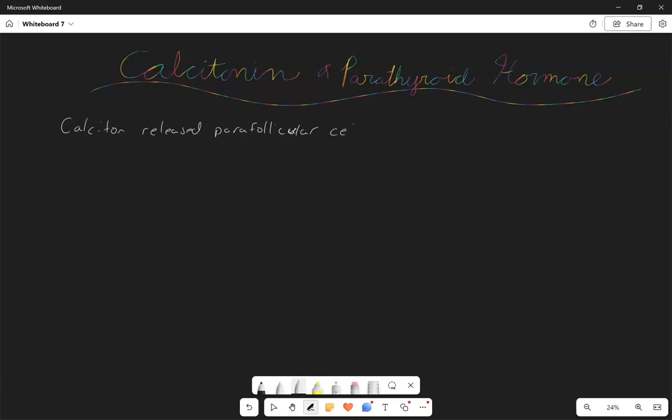Parathyroid hormone, PTH, is released from the parathyroid gland, and the parathyroid glands are the small glands that sit on the lateral aspects of the thyroid gland there.